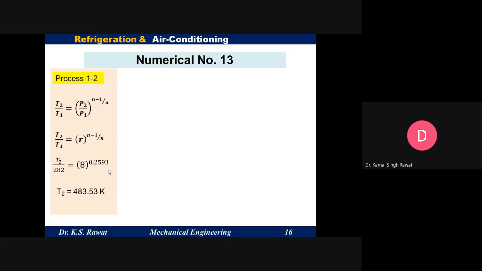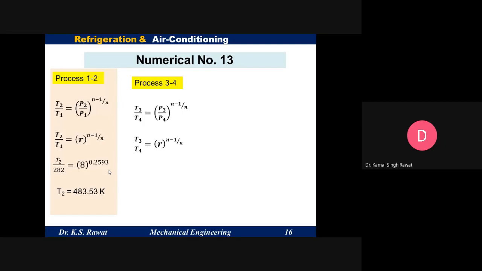Now we have the values of T1, T2 and T3, and we have to calculate the value of T4. So let's consider process 3 to 4. We have the same relation: T3 by T4 equals P3 by P4 to the power (n minus 1) upon n.